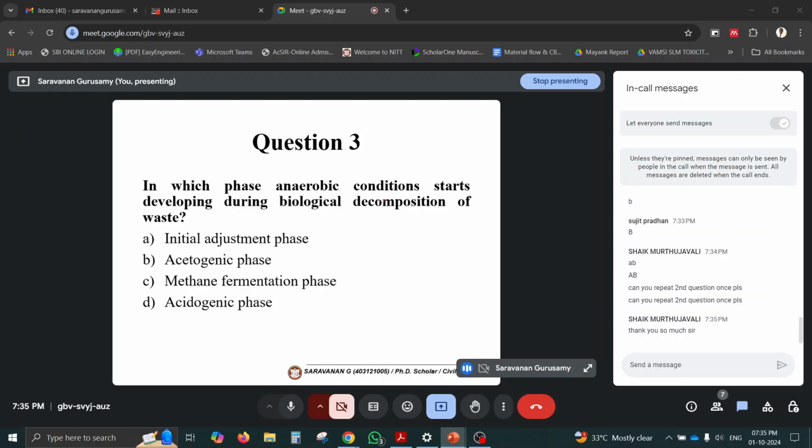In which phase does anaerobic condition start developing during biological decomposition of the waste? Initial adjustment pH phase, acetogenesis phase, methane fermentation phase. So we have 5 phases.